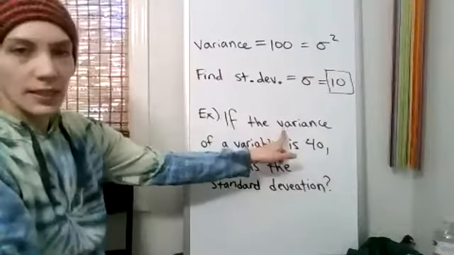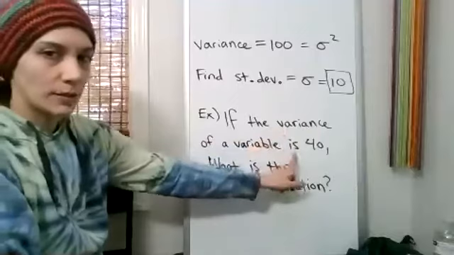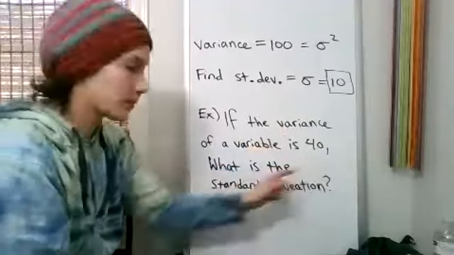Okay, variance equals sigma squared, and also from this problem equals 40.